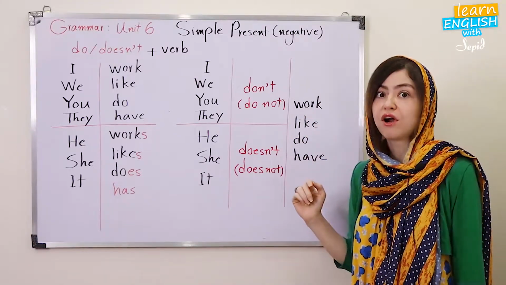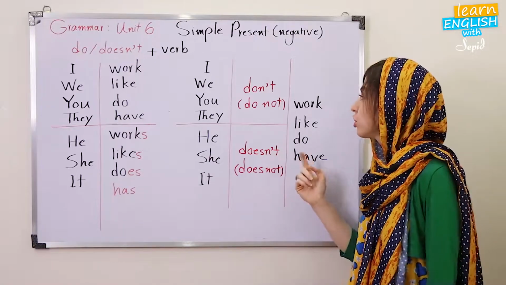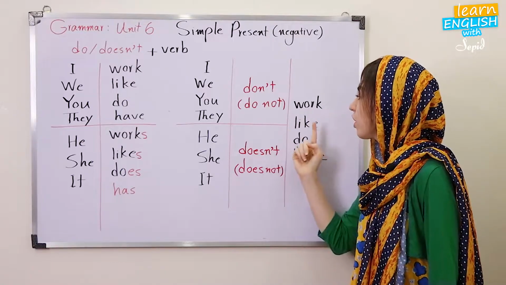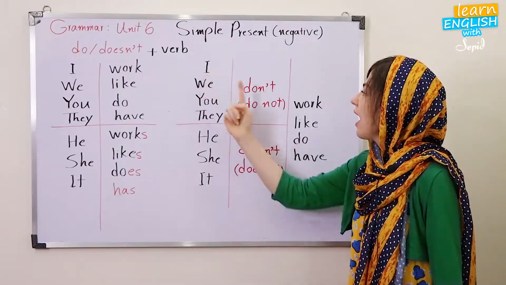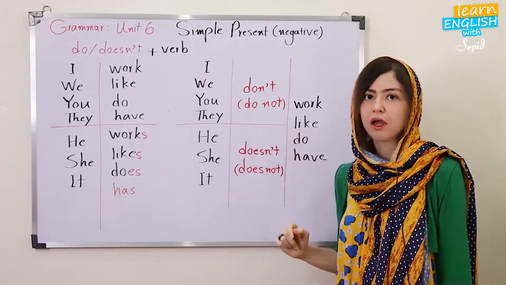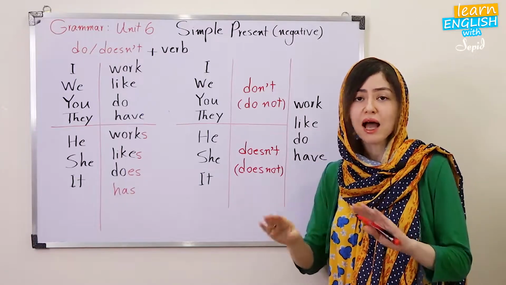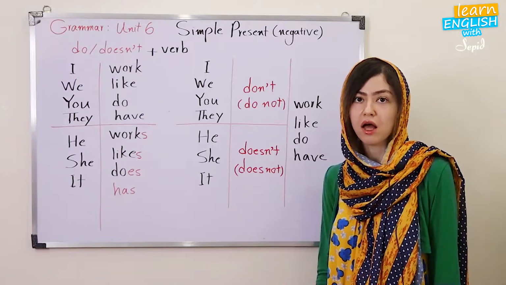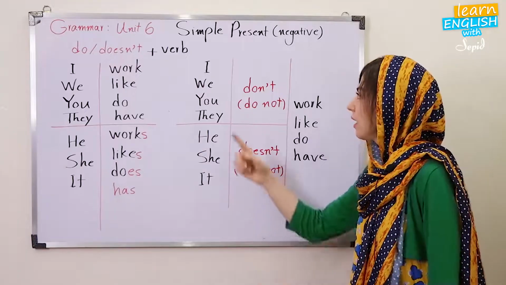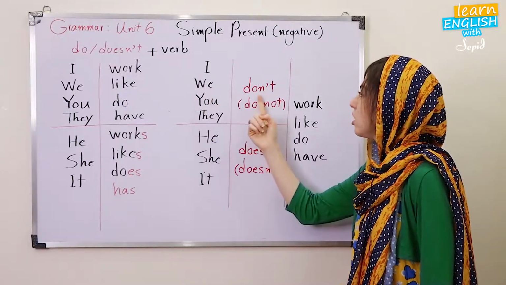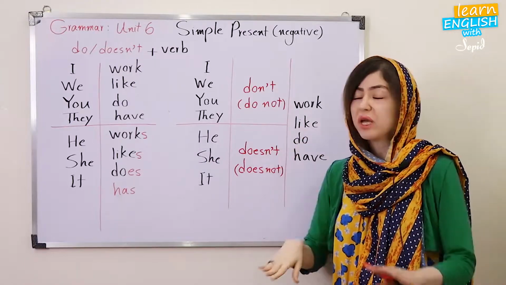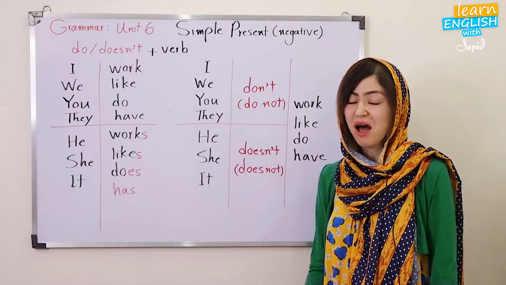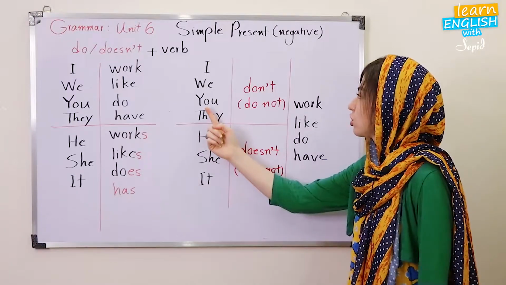So we put don't and doesn't after our subject pronouns. Afterwards, we need the verbs in order to make a negative form. Work, like, do, have. So, for instance, I don't work. I don't work means I don't have a job. Okay, I have no job. So, we don't. Again, you can say we don't like pasta.